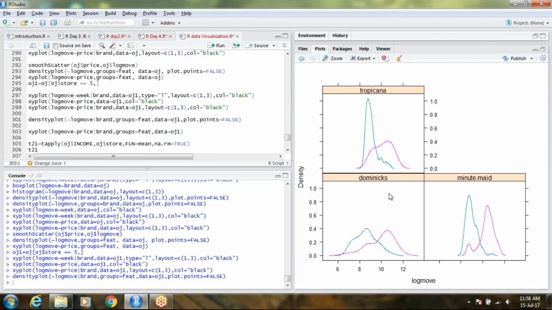So this is also a density plot for different brands that I have, based on the log move values for different features.